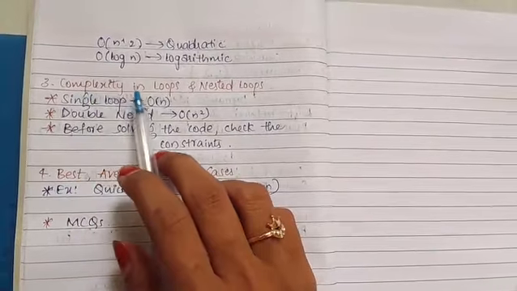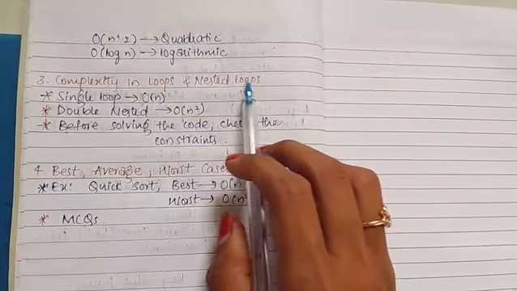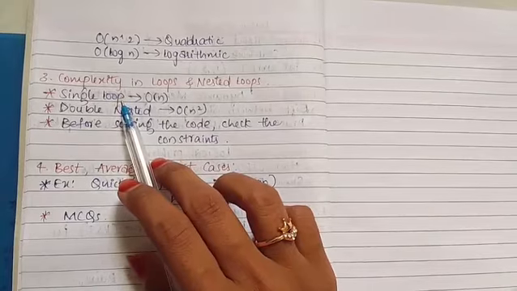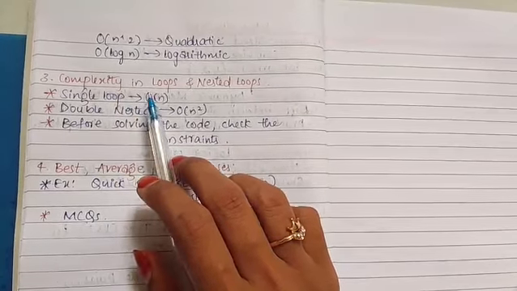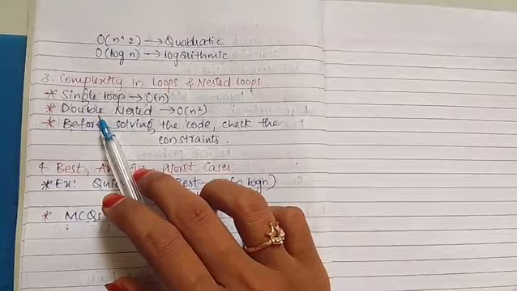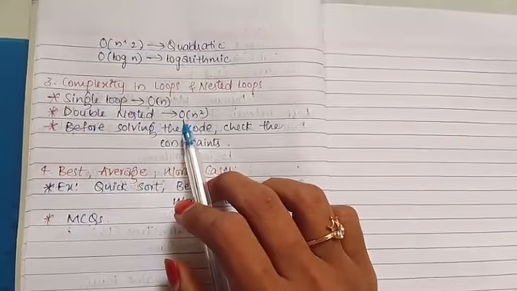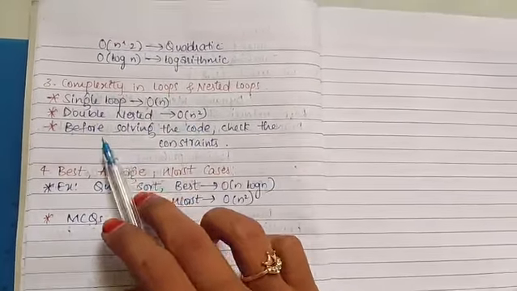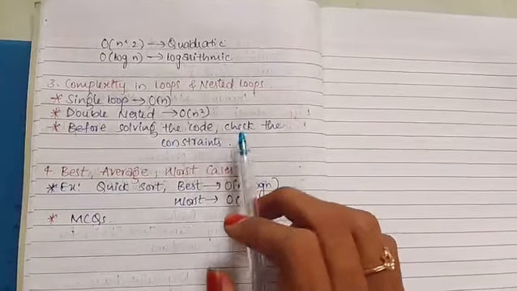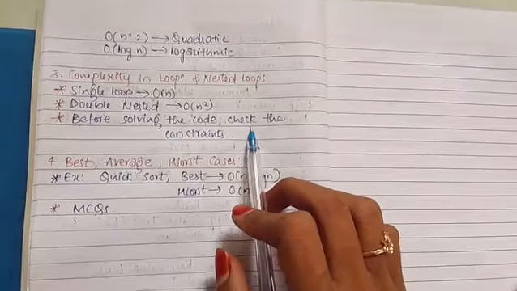The third one is complexity in loops and nested loops. For a single loop, the complexity will be big O n, and for double nested loops we have O n squared. Before solving the code, just check the constraints.